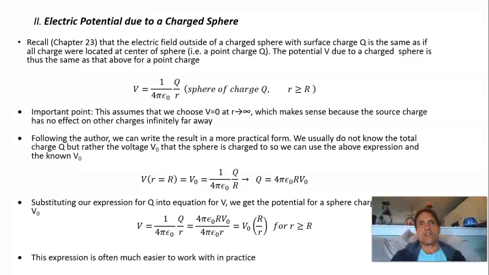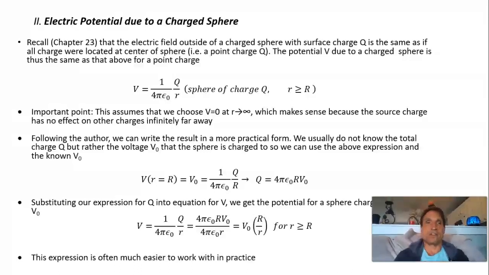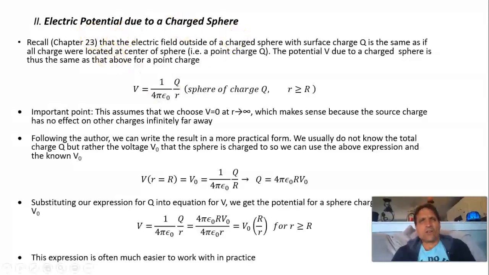Now, spheres are typically more important practically in terms of understanding their potential, because many electrodes used in various systems are little balls. They're spherical shapes, and so we need to understand the potential of spheres. It's also impractical to express this potential in terms of the total charge Q, because often we don't know what Q is in practice.